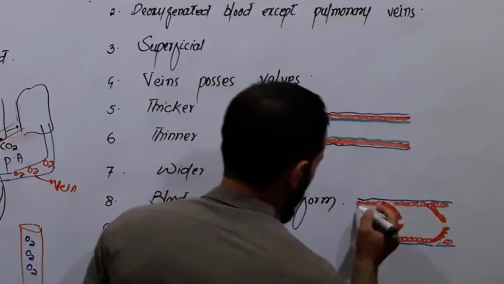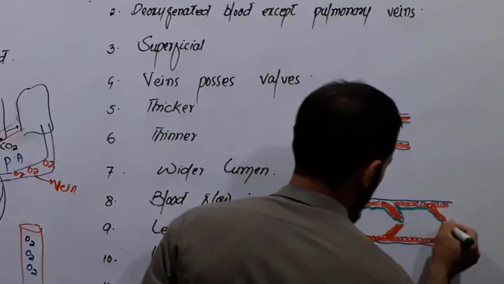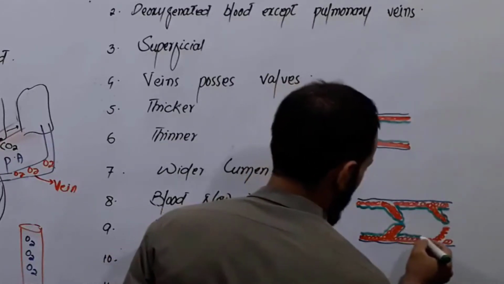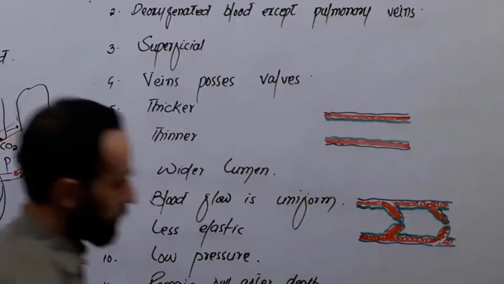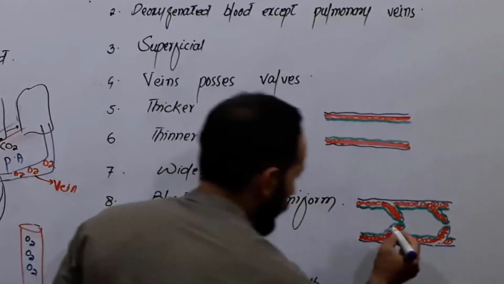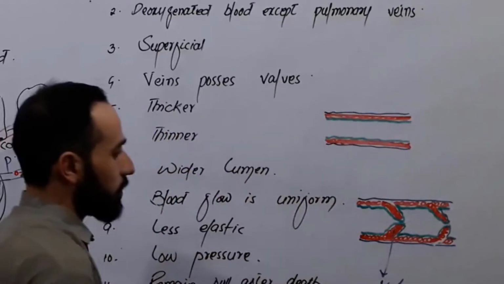Right. And this is our tunica intima. Right. Look. What is the difference between an artery and a vein? These are, friends, valves. Right? And what is their function?